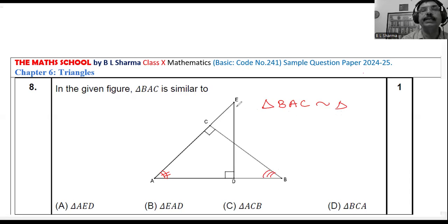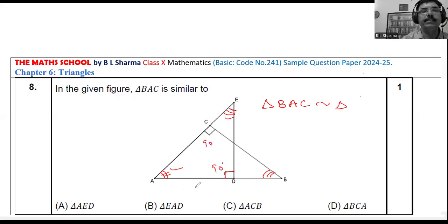Now we have to take this angle. There are two angles common. So we can write this angle, this angle, this common, and this 90 degrees.